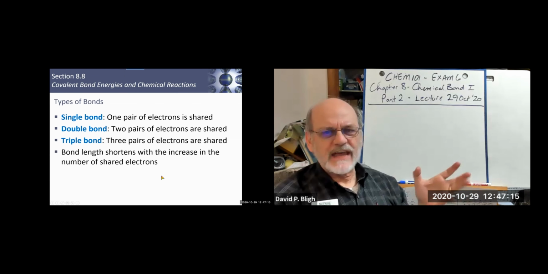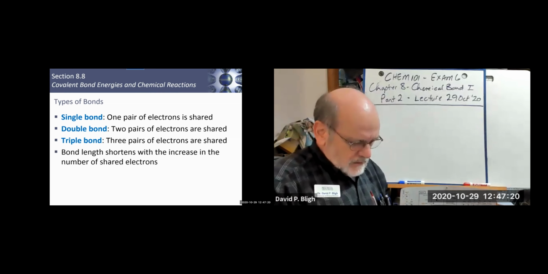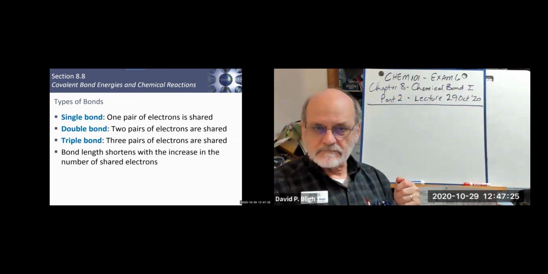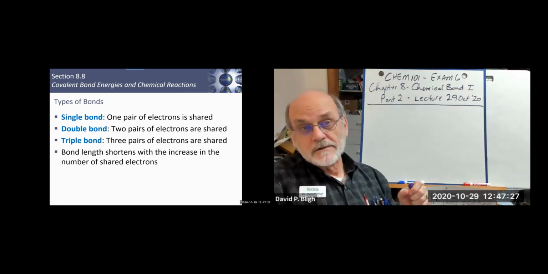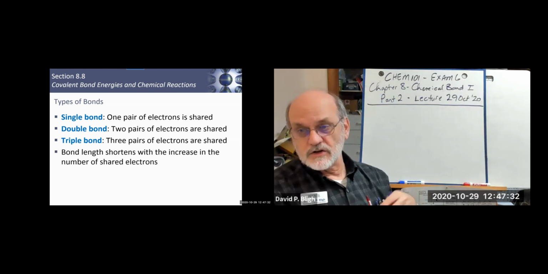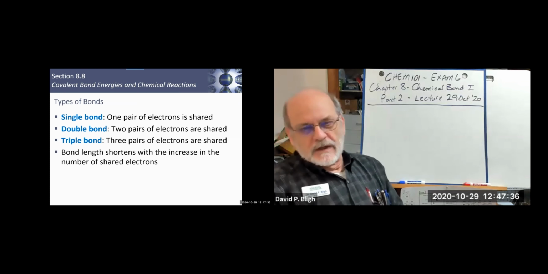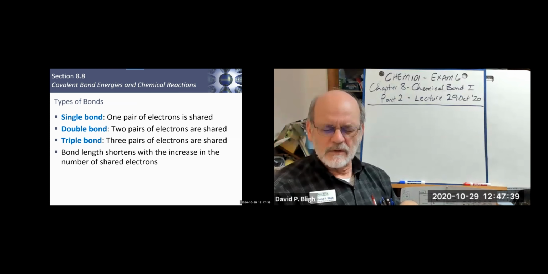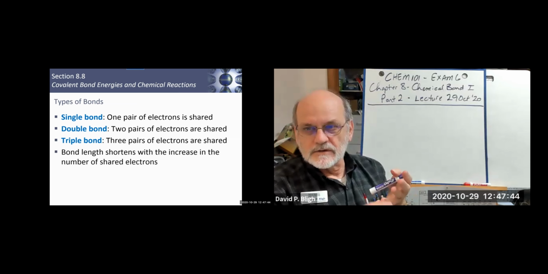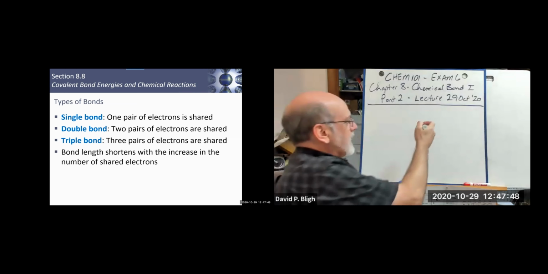Now, what types of bonds can you form? Well, the current models say that, well, actually, not the current model, just before the one we're using now, and we won't get to that new model until chapter 9, so you don't have to worry about that one right now. But with the models that we're presenting in this chapter, we have the potential for a single bond between two atoms, like hydrogen.